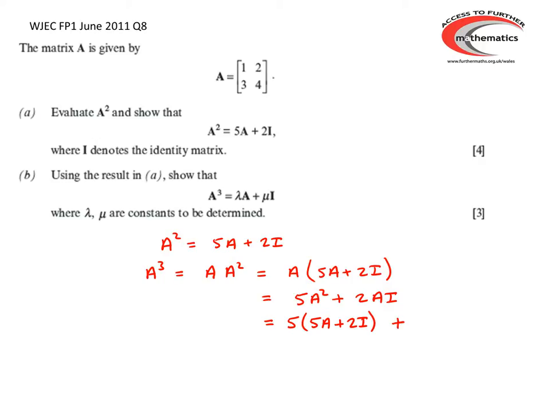Now A times I is just A, so 2AI is just 2A. So we're ending up with 25A plus 10I plus another 2A. So that is 27A plus 10I.